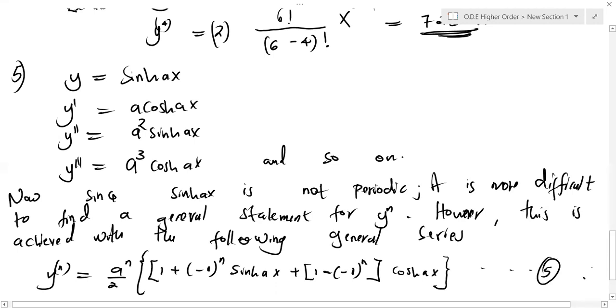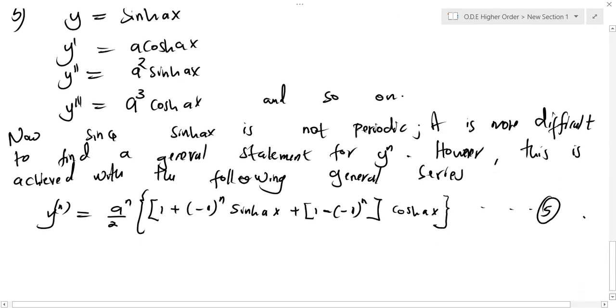Okay, so that's the general statement, that general series that we use for the sine hyperbolic of ax.